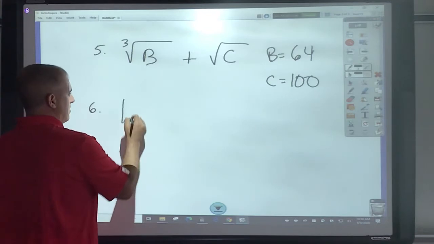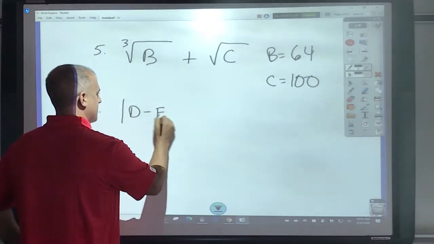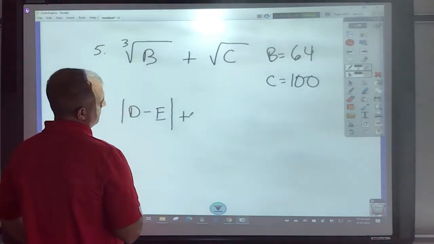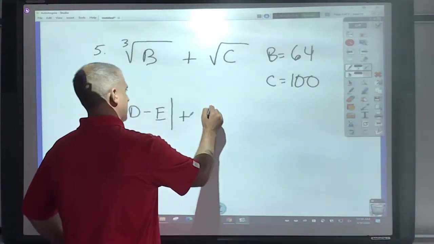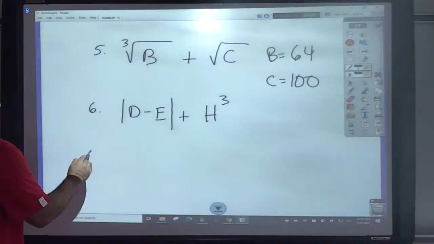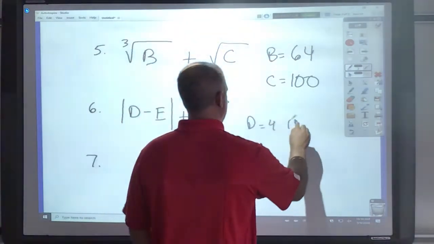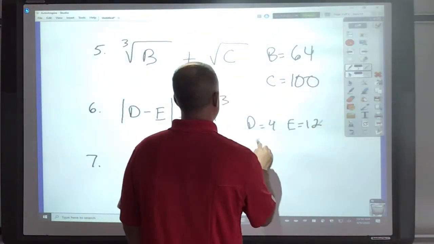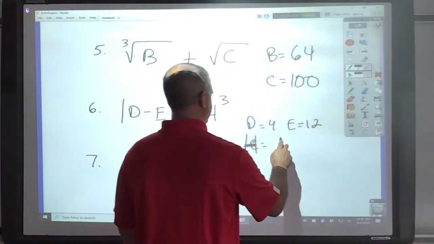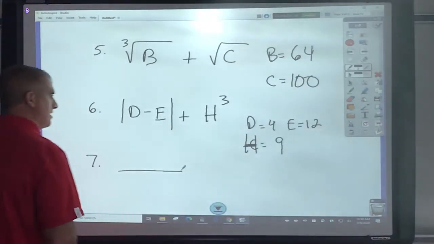Absolute value of d minus e plus h cubed, where d is 4, e is 12, h is 9.